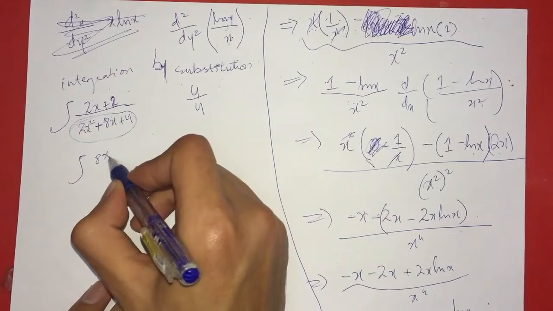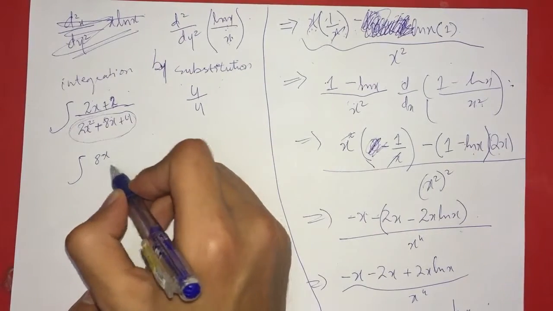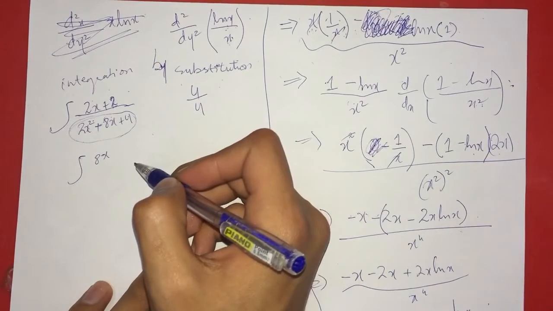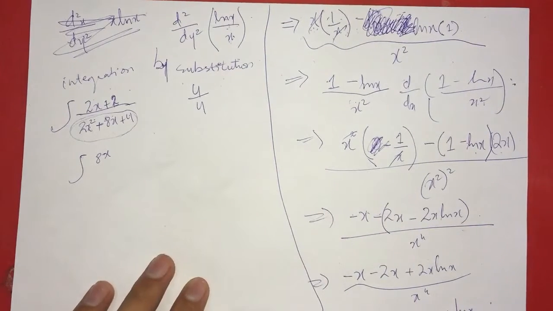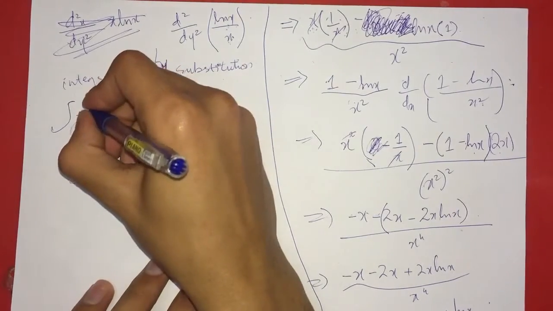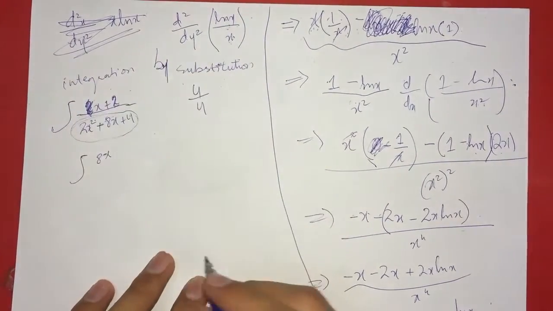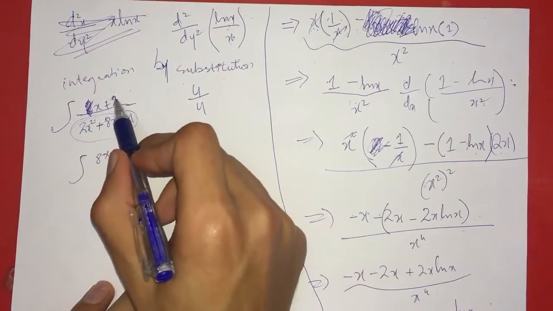So what we do is integration of, so 4 into 2x plus 2 is going to give you 8x, 2 into 2, 4. I think this was x plus 2 in the question. Yes, this was x plus 2, sorry.